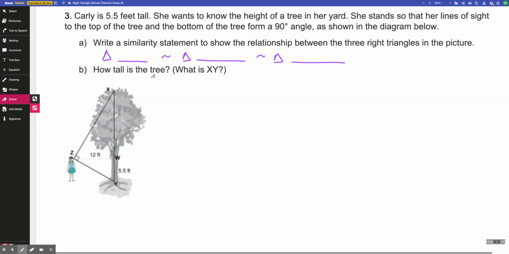Then again, we're trying to find how tall the tree is. Before I can do that, I need to figure out what XW is, and then do something very similar to what we did in question number 1, when we were trying to find z. So I want you to give this one a try on your own, pause the video, and then check back with me in just a second to see how you did.